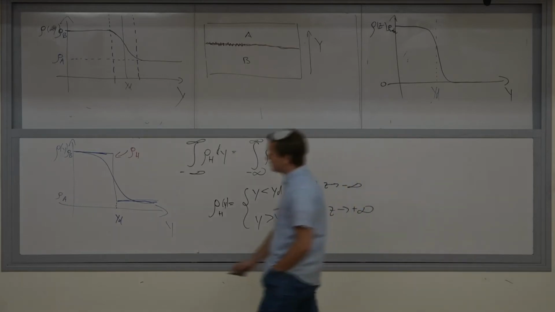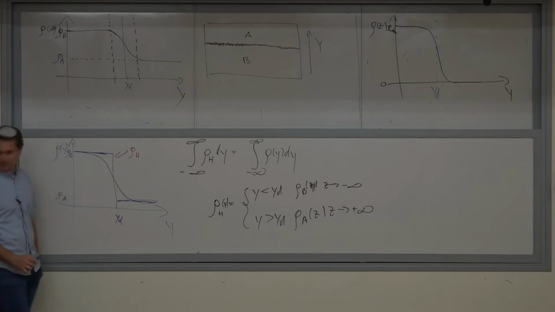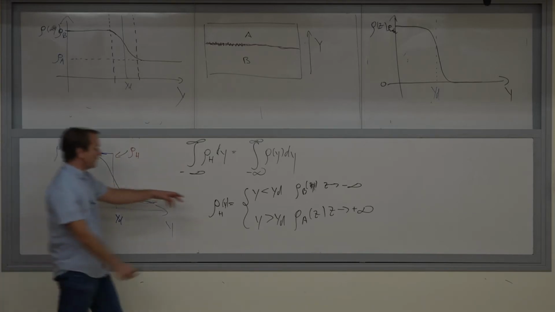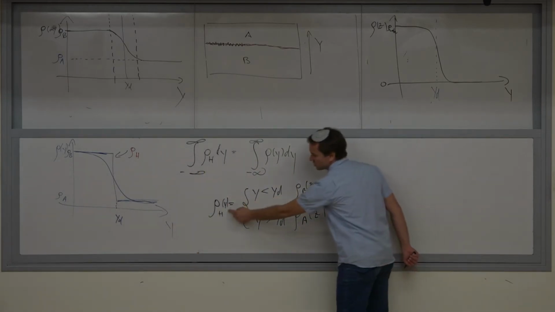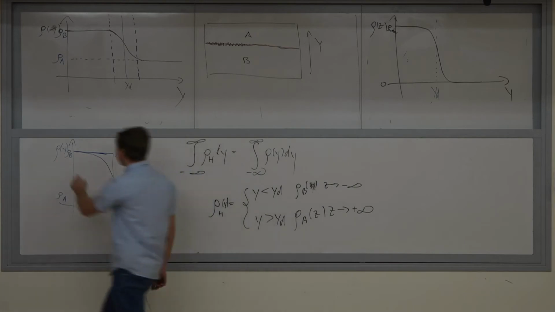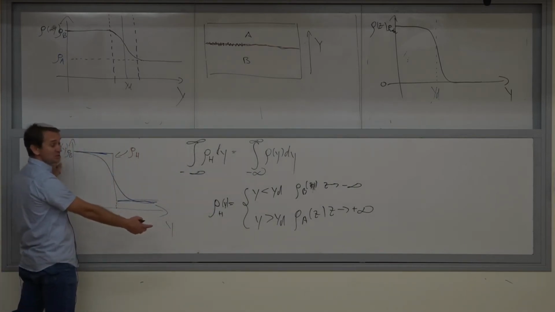Okay? This is the step function that I have over here. This is rho hypothetical. Rho of z is the regular profile. Why am I using z here? Well, because I'm already using y to describe rho h. But z is just the behavior of rho of y as a function of z instead of y.